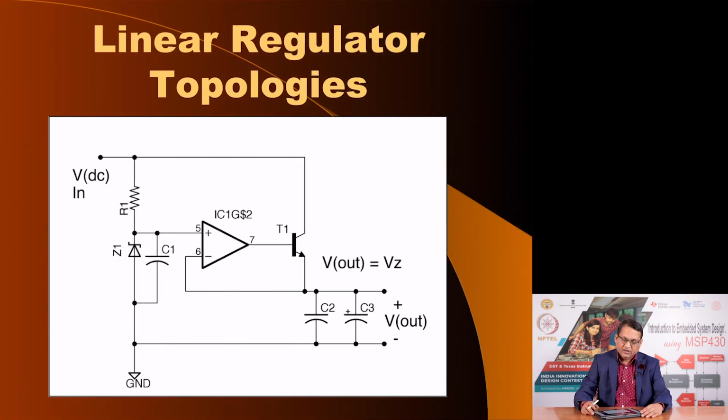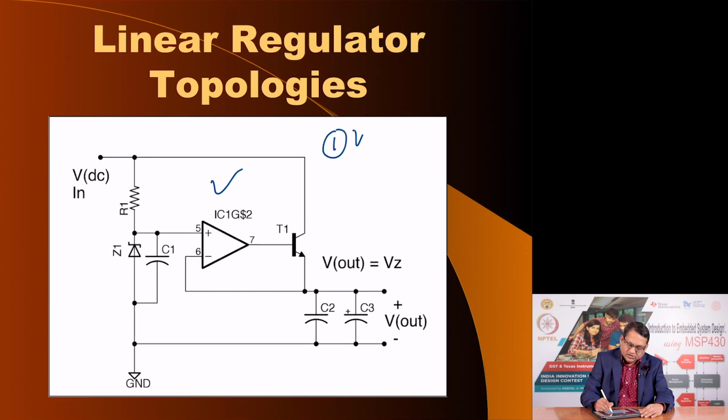Now, let us look at another variation of the same. Instead of a simple transistor, I am going to use an op amp. Now, the op amp, because of the feedback it applies, I am sure you are aware of how op amps work. They operate on two principles.